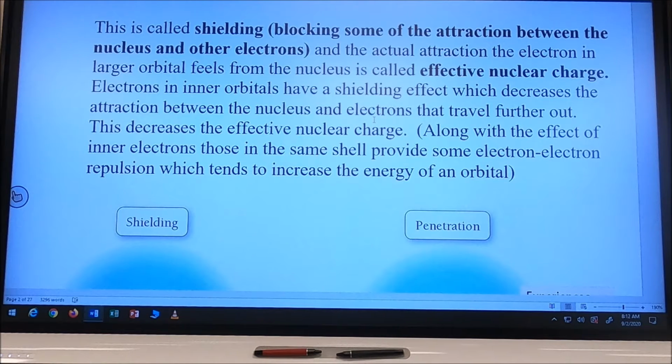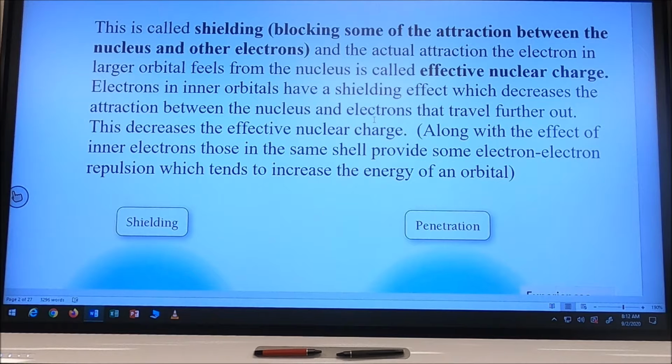What does the charge of the nucleus look like from the point of view of an electron that is traveling further out from the nucleus? It's always less than the actual nuclear charge because you have that interference effect, okay? Electrons in inner orbitals have a shielding effect, an interference that decreases the attraction between the nucleus and electrons that travel further out. This decreases the effective nuclear charge.